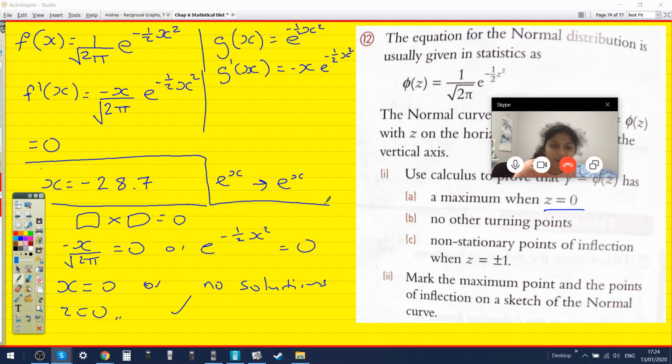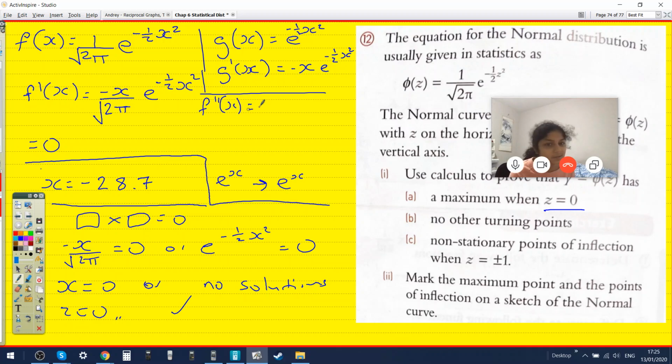So then you have to find the second derivative, which is... So it would just be minus x squared over 2 pi over square root of 2 pi. Wait, no, x squared, positive x squared. Basically, you have one x function times another x function.